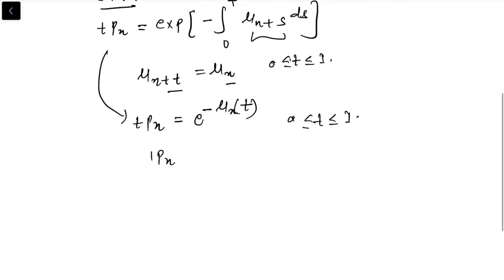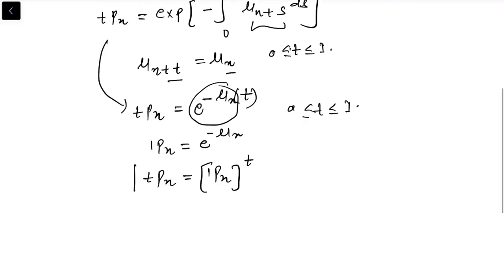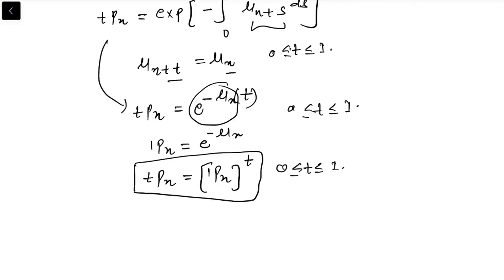Now can I write 1px equals e to the power minus mu x? So instead of e to the power minus mu x I can substitute 1px and then to the power t. So this is our formula for CFM, where t lies between 0 and 1 and x is an integer, same as UDD.